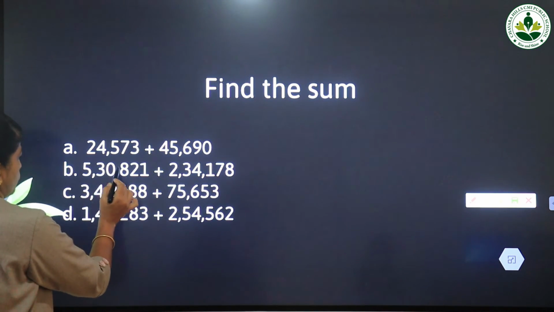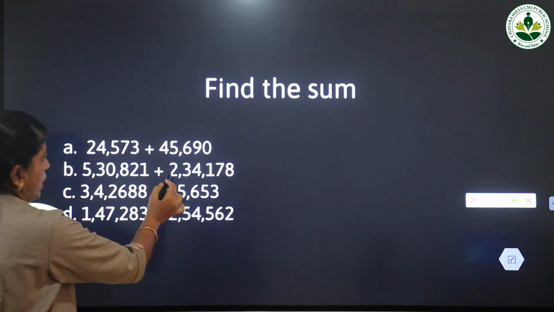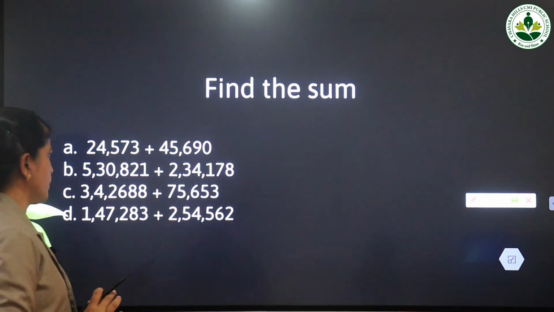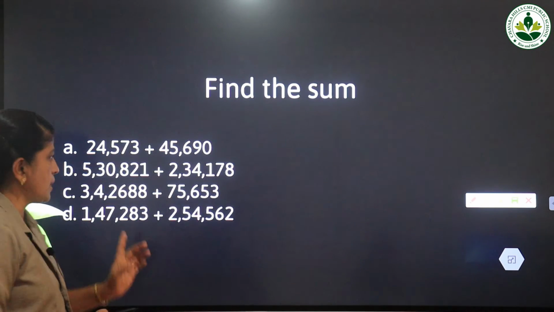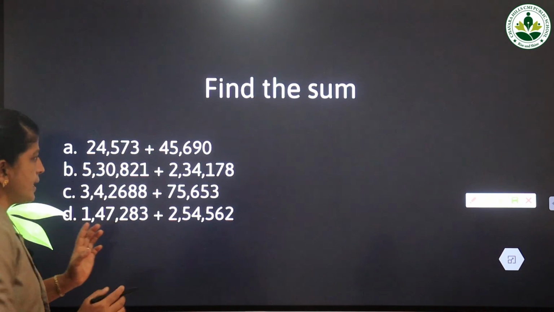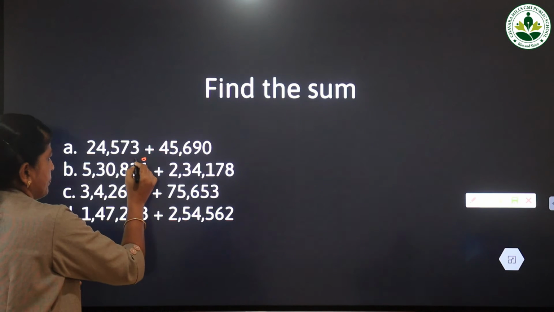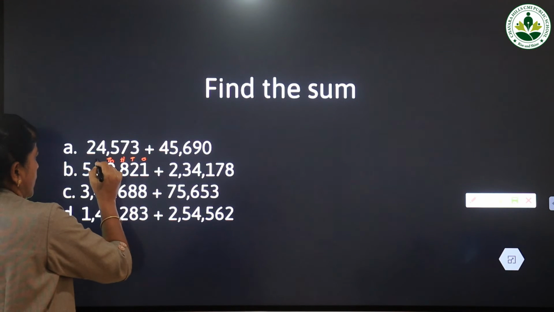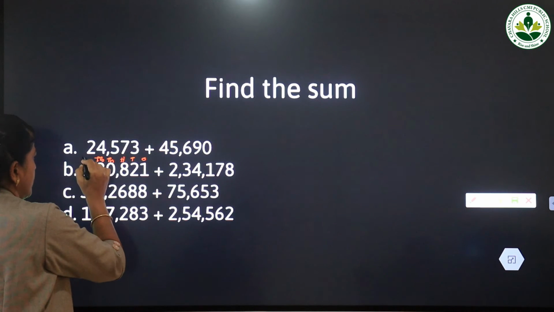Then second question, how many digits are there? 1, 2, 3, 4, 5, 6. Both are 6-digit numbers. How do we read the number? Which are the places? This is the ones place, tens place, hundreds place, thousands place, 10,000s place, then lakh.